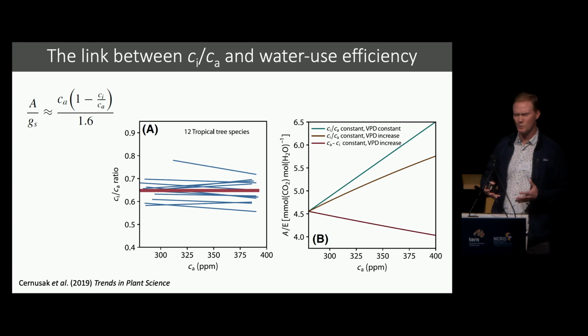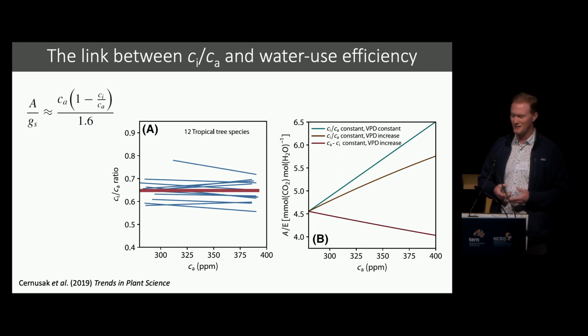Okay, so I want to give one other little bit of background, which is about water use efficiency. You see an equation in the upper left. It's just a simple rearrangement of Fick's law description of photosynthesis, a diffusion equation. And the left-hand side is the intrinsic water use efficiency, photosynthesis divided by stomatal conductance. And then we can see in the numerator a term Ci over Ca.